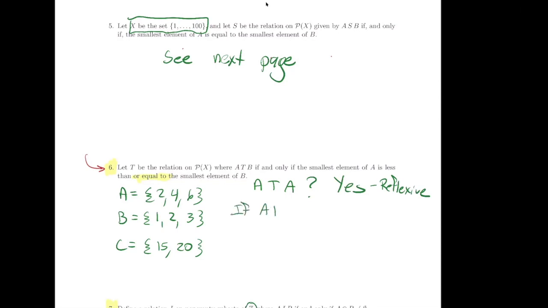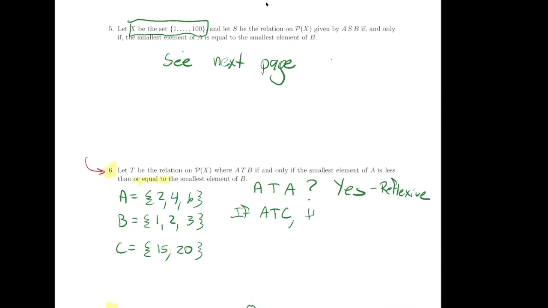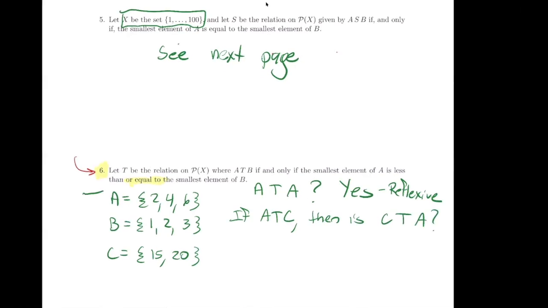So next would be if A is related to C, so we're going to take these two over here. Again, you can ignore the one-to-oneness.